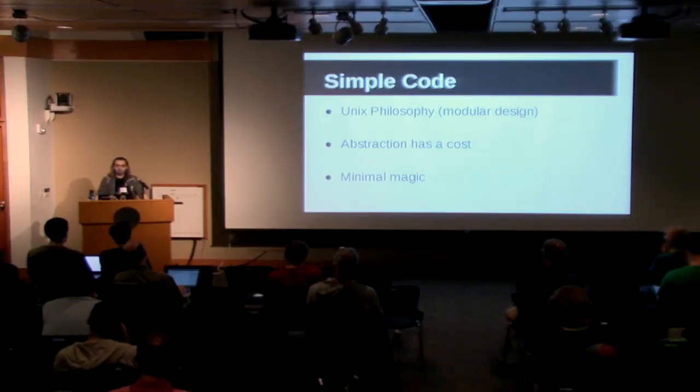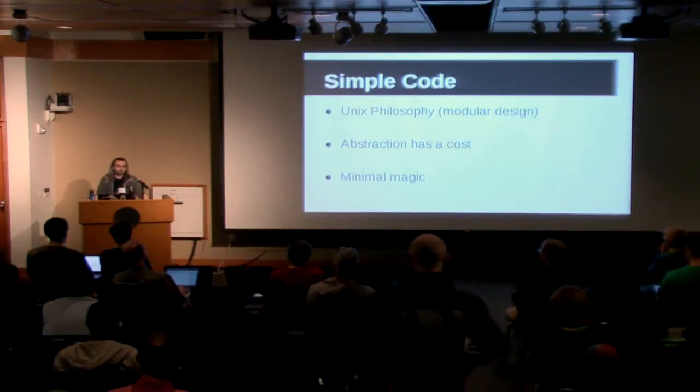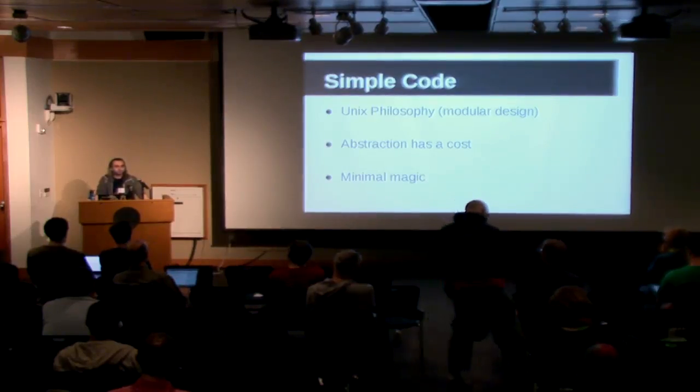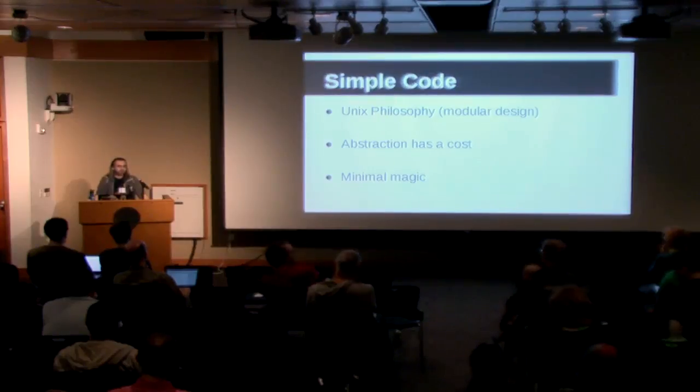It's also important to limit the abstraction you're creating. As you add abstraction, you add ways that bugs can hide in your code. Sometimes you really need the abstraction, but it's important to keep in mind that that abstraction is going to have a cost. That cost is going to be developer time and effort as they're trying to find bugs.